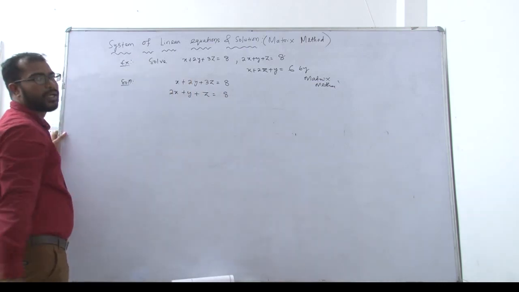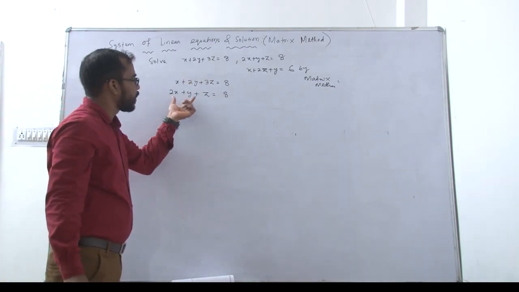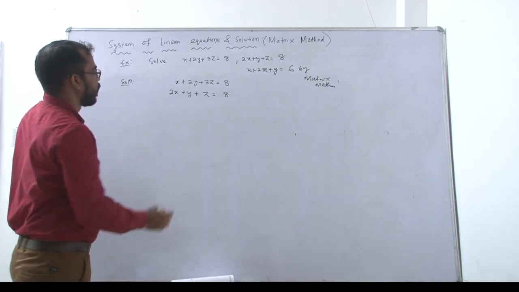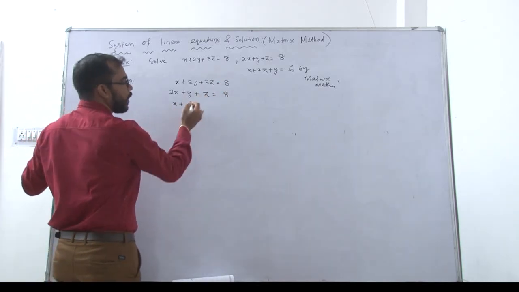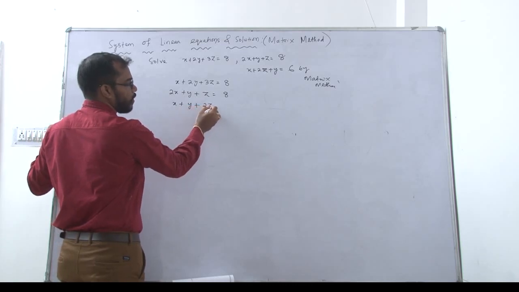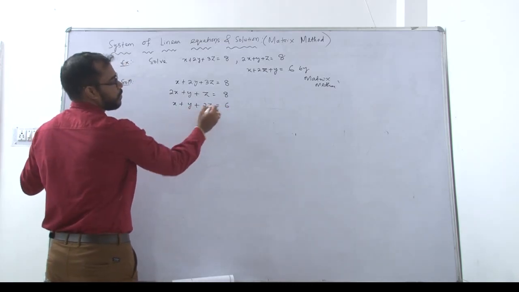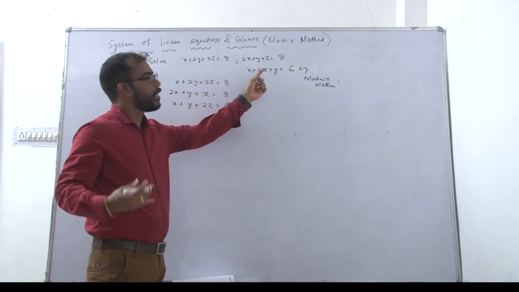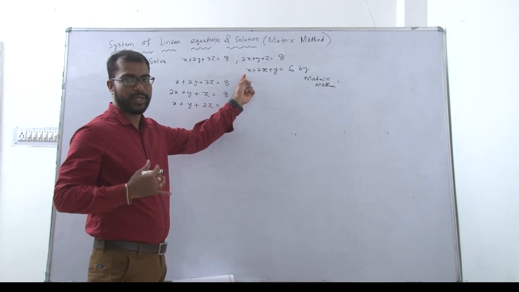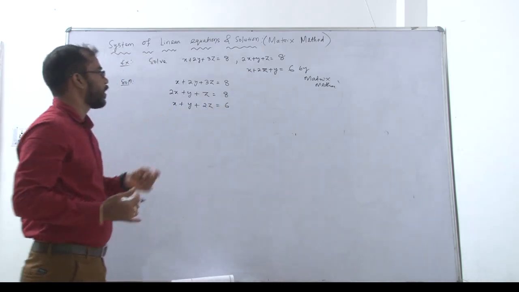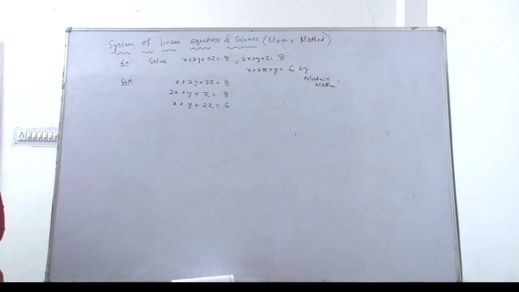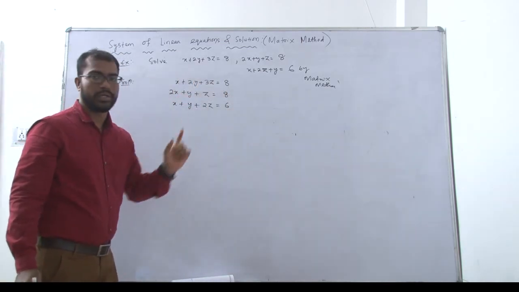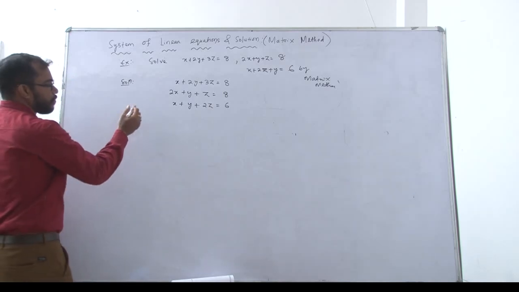The third one, you can see x plus 2z plus y, you have to write in a systematical order, that is first x, y and then z. So here x plus y plus 2z is equal to 6.